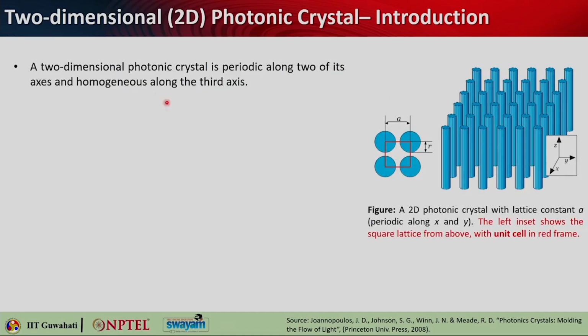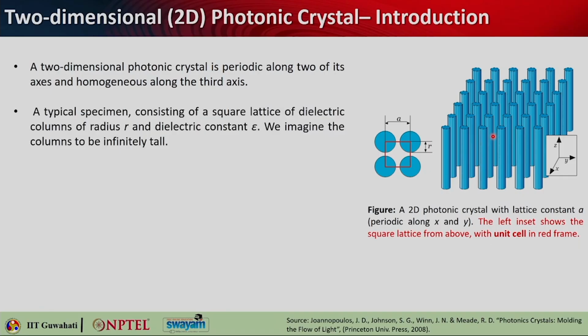As you understand, a two-dimensional photonic crystal is basically periodic along two dimensions or two axes, and it is homogeneous in the third axis. In this particular diagram, this is the orientation, as you can see. This is basically a square lattice of dielectric columns.